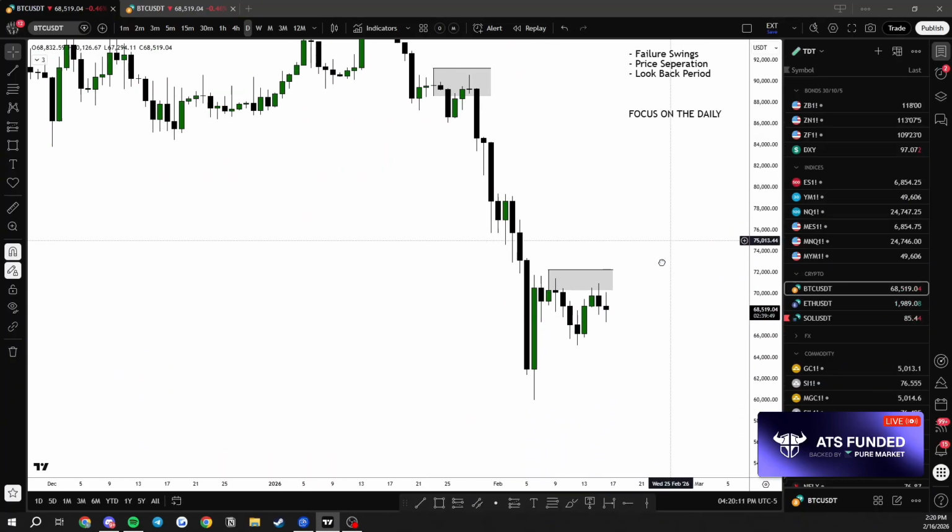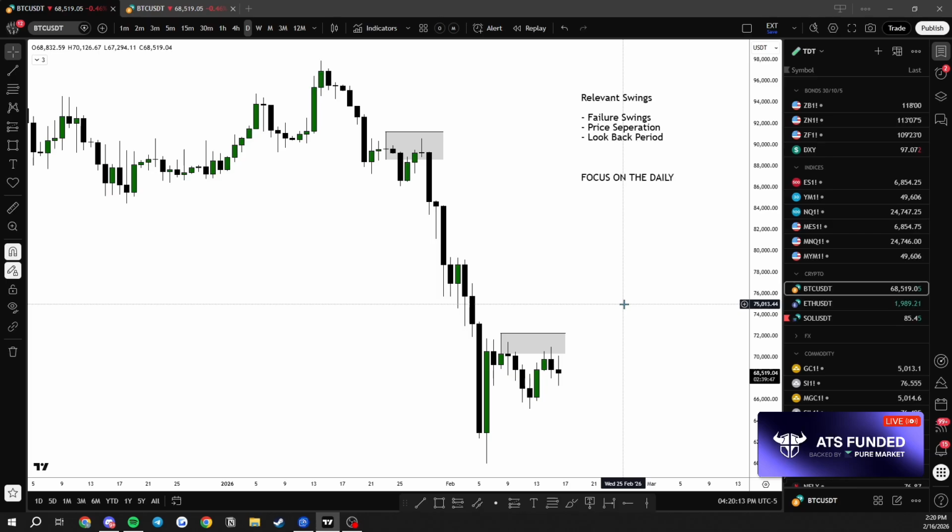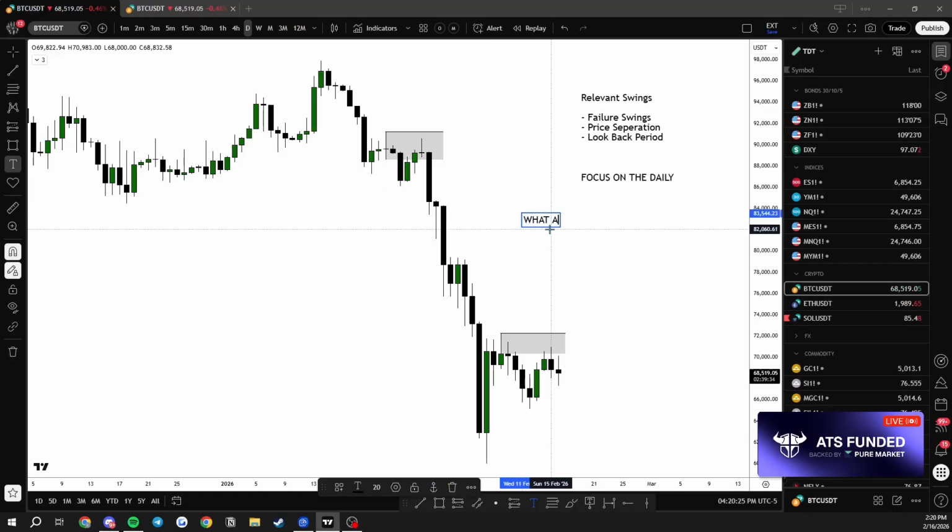So those are the kinds of failure swings that we're going to be mainly focusing on today, because the thing that you and I need to do when finding relevant swings is ask ourselves, what are the extremity highs and lows, right? An extremity meaning what are the extremes.